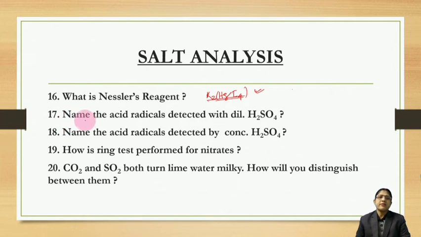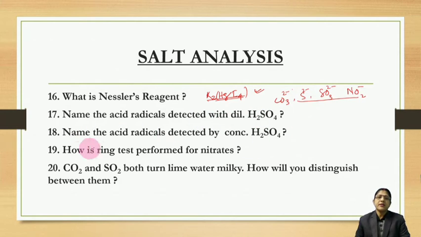Then question number 17, name the acid radicals detected with dilute sulfuric acid. So with dilute sulfuric acid, carbonate, sulfide, SO3 2-, NO2 minus. These are the acid radicals detected with dilute sulfuric acid.